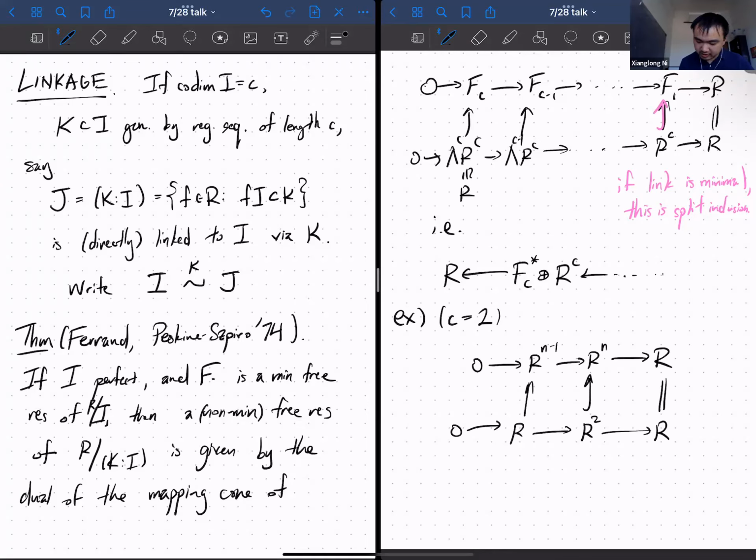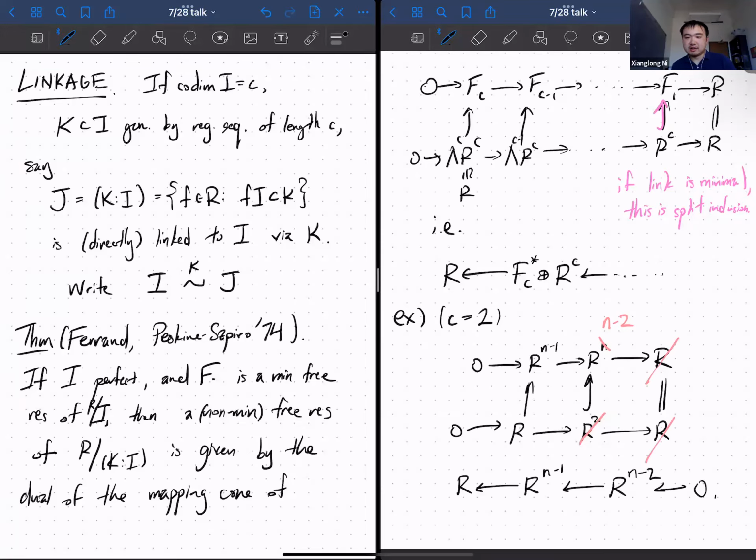The dual of the mapping cone, after I cancel the evident non-minimality, looks like this. This is going to cancel with 2 factors here, and this will cancel with this. So what I'm left with is just a free resolution of format 1, n-1, n-2.